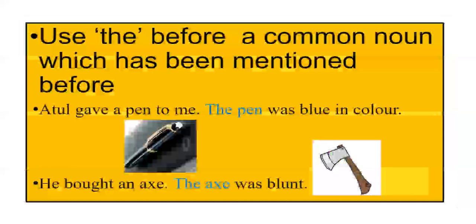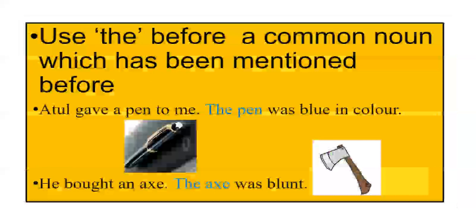So here, when we are talking about it for the first time, of course we say a pen. But now we know which pen we are talking about. So here we will say the pen. The next example can be, he bought an axe. The axe was blunt. So please you need to be very clear with all the rules of the.